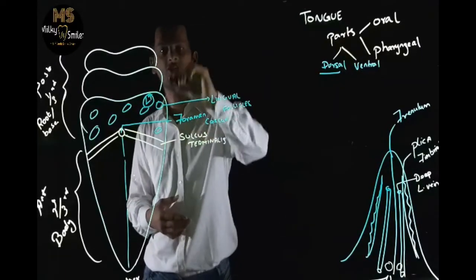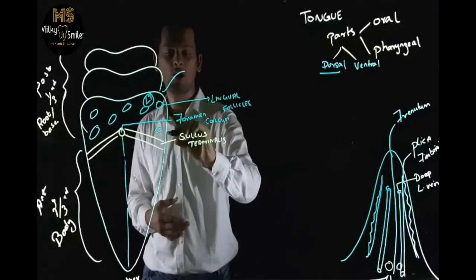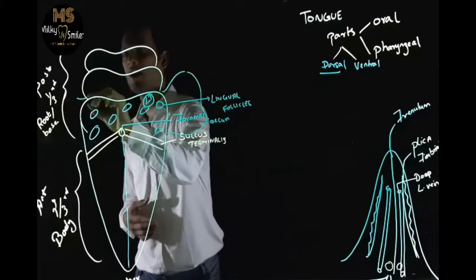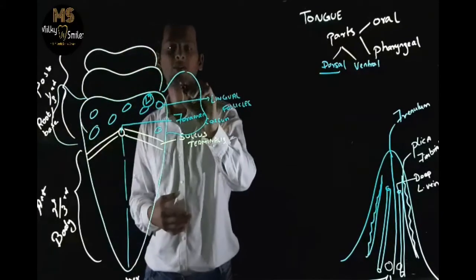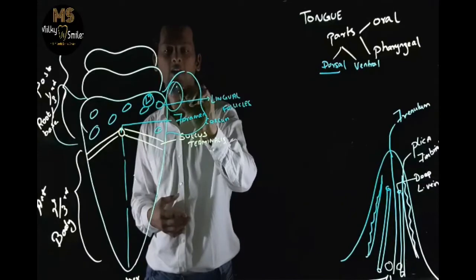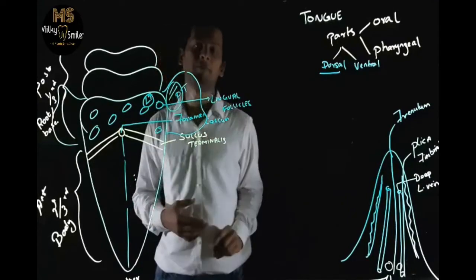This pharyngeal part of the tongue is surrounded by your pharyngeal arch muscles, which in turn hold your palatine tonsils here.